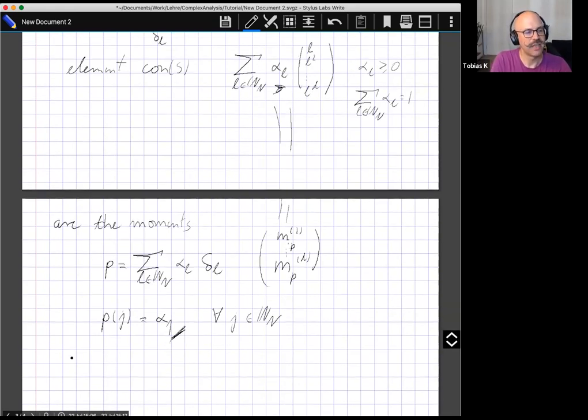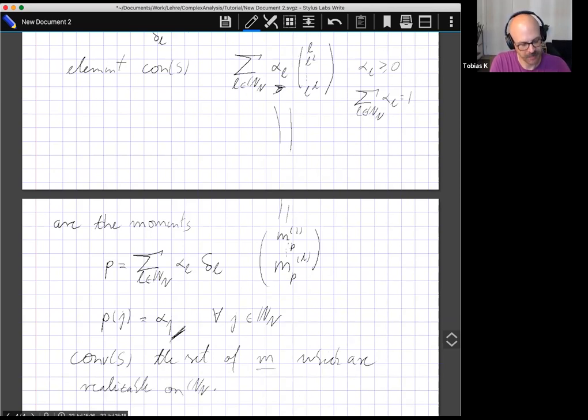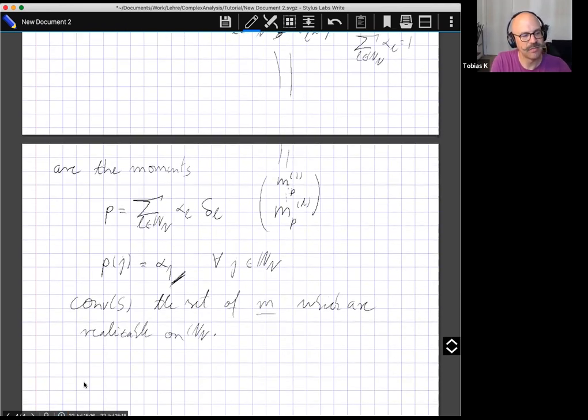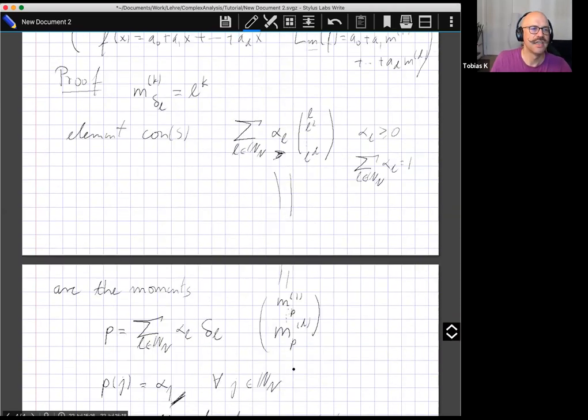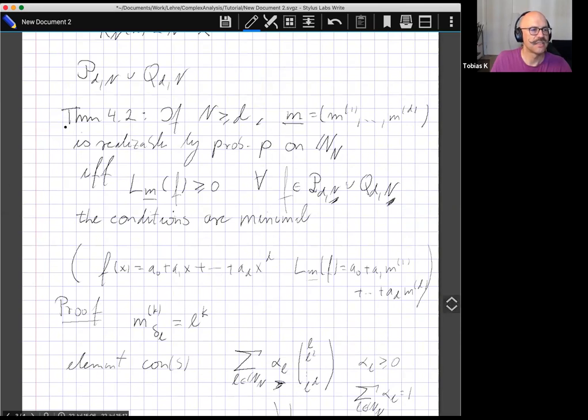And so I see that the convex hull of S is the set of all m which are realizable on N. And then the theorem follows by our general theorem about convex sets, which I gave you in the general theory of convex sets, because this condition on the hyperplanes we already translated in terms of polynomials, and what I write here is nothing else than the statement of this classical theorem.